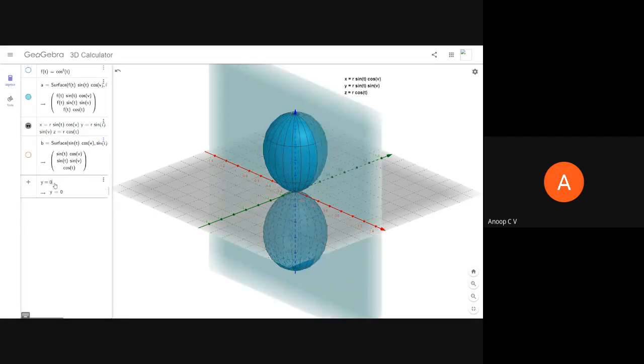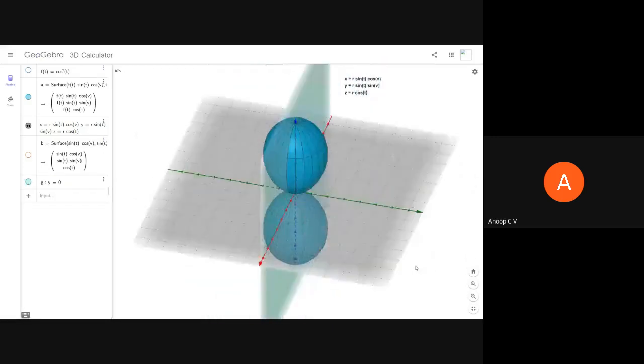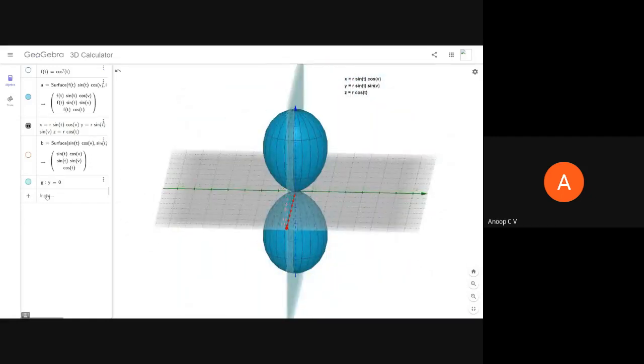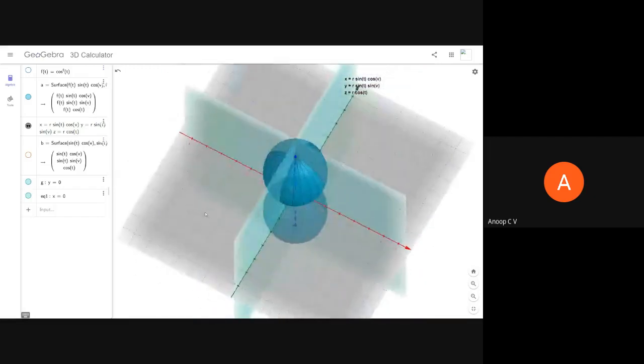If I take a cut along this, you'll get a figure of 8. Or else I can take a cut along x equal to 0. Both will be symmetrical.